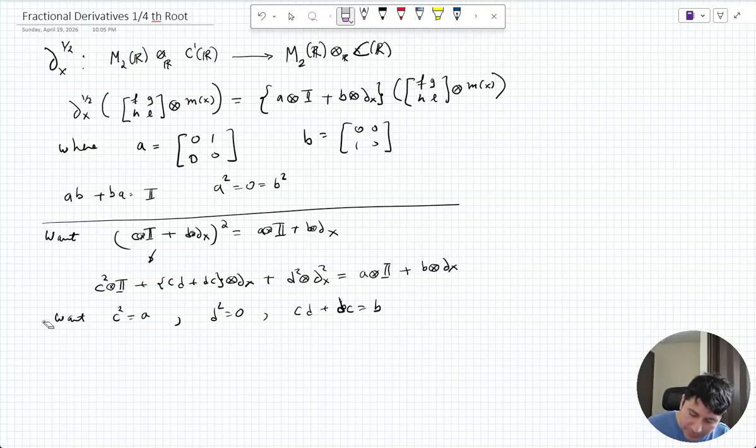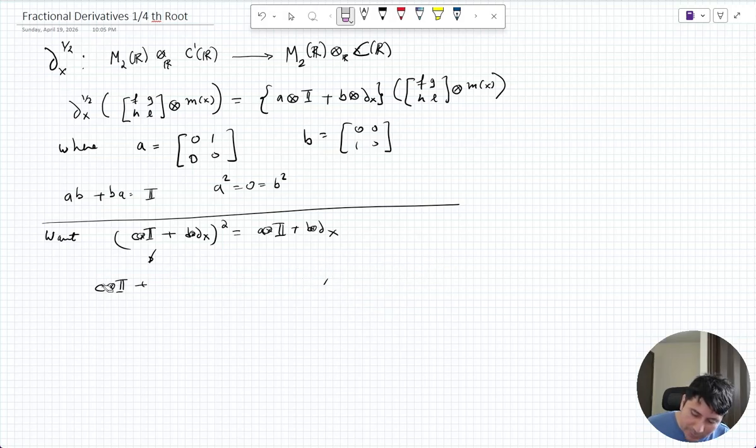Actually, I just remembered how to do it. We're almost there. So let's rewrite this. We want to take the square root of the derivative. It's the same trick that we did for the square root of the derivative, except that this time this will be to the 1/2 squared.